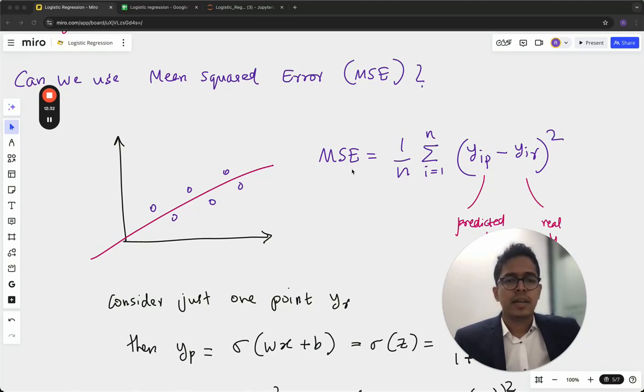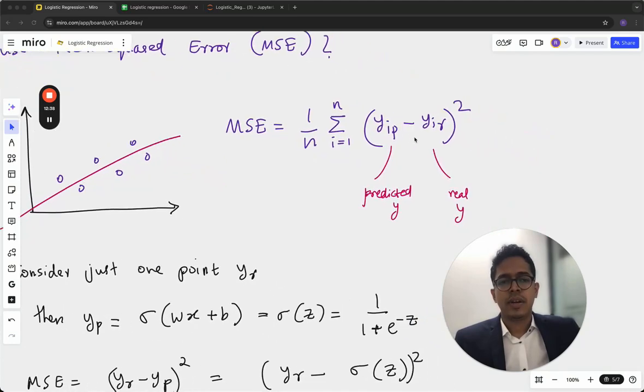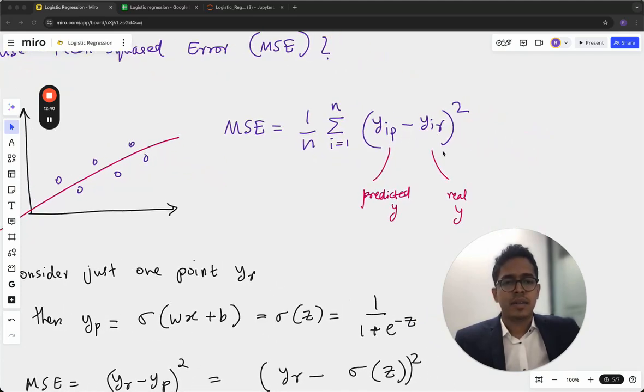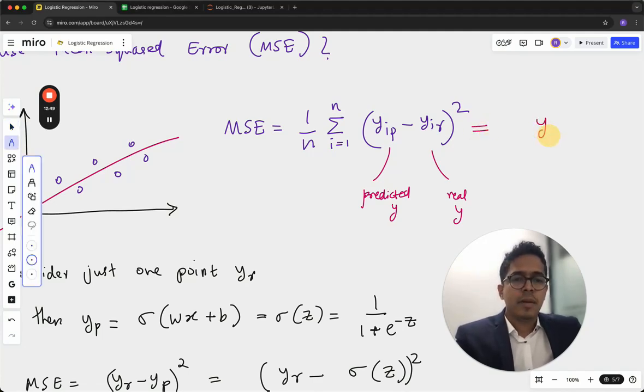Now, mean squared error is the mean of the square of errors. So what is the square of error? Square of error is Y predicted minus the real value of Y, which I was previously writing as Y predicted is Y cap, Y cap minus Y, the whole square.